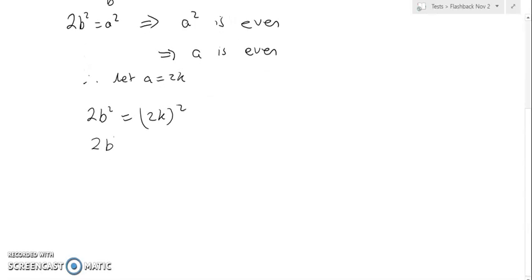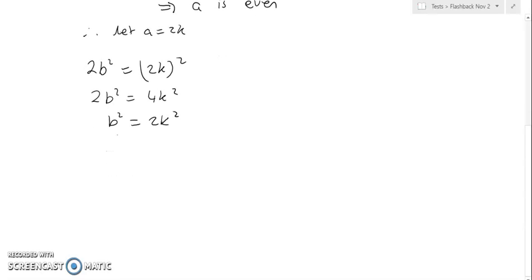Let's expand that. 2b squared equals 4k squared, divided by 2, and so we get 2k squared like that. And so b squared is also even. This implies that b squared is even, and if b squared is even, that implies that b is also even.